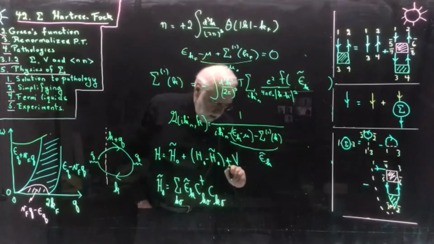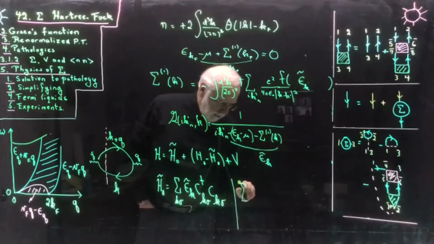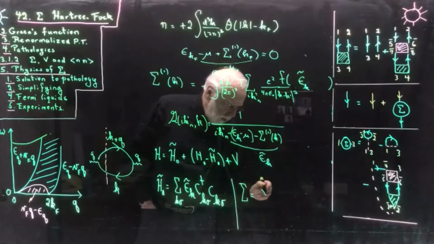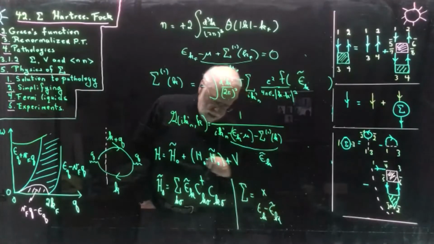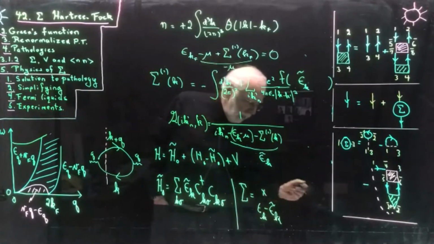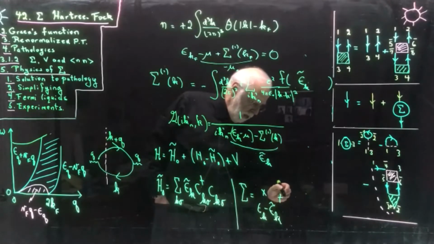You see, the sigma will now have a one-body term, which will be epsilon k minus epsilon tilde k, right? Which is this piece, and then it will have the usual result.